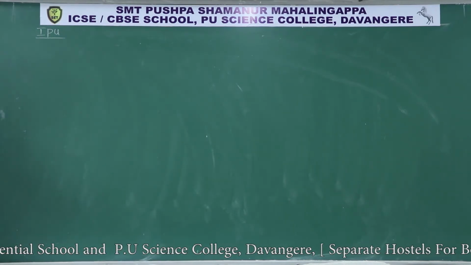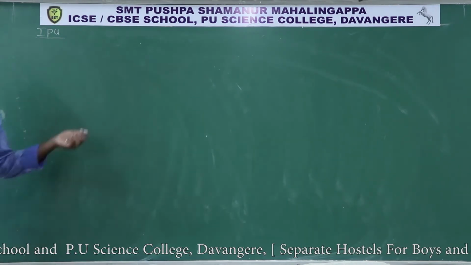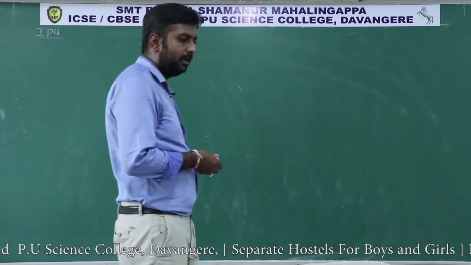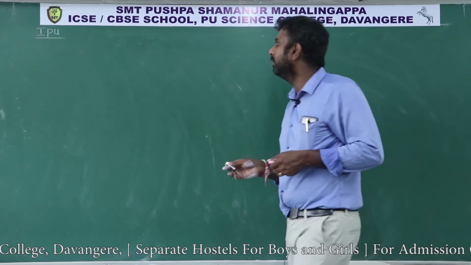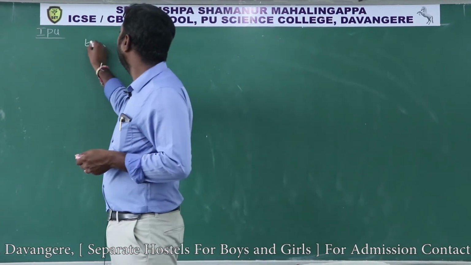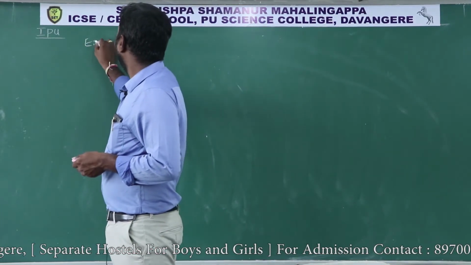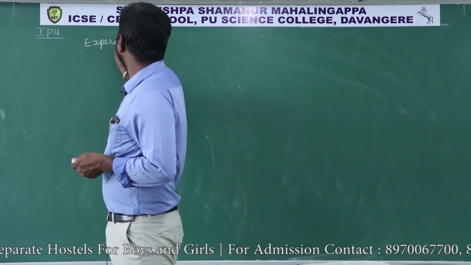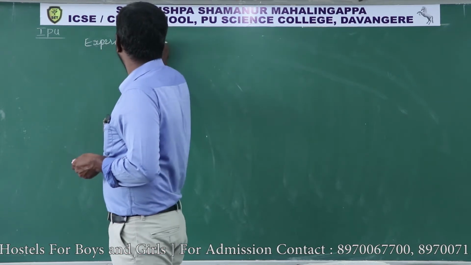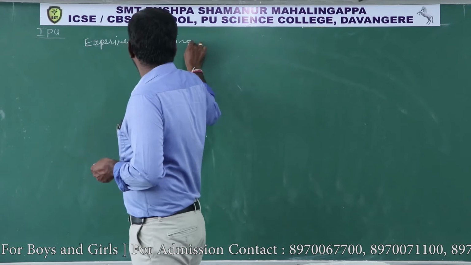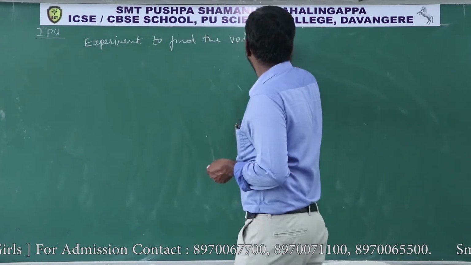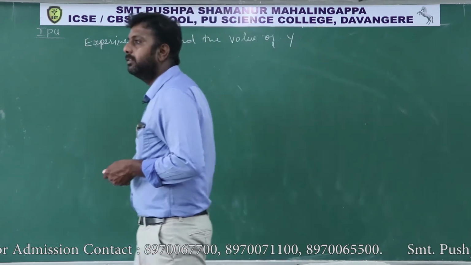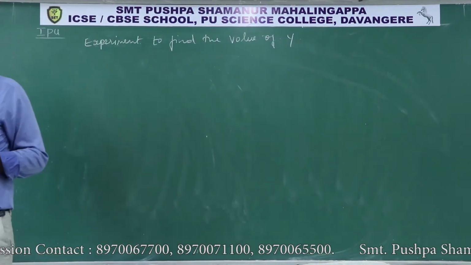And one more experimental demonstration is there in this chapter, that is the experiment to find the value of Y, where Y is called Young's modulus.